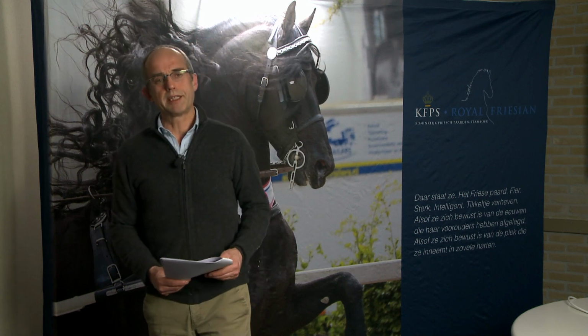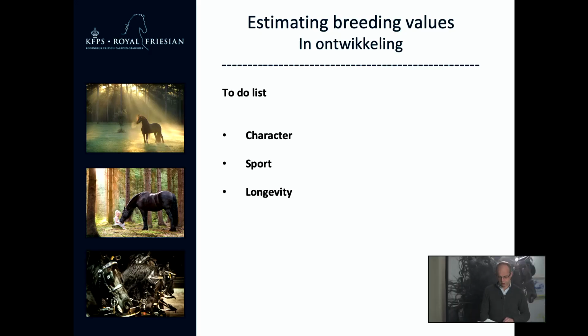So, like I said earlier, if we look at our total merit index, the only breeding goal traits that are included are conformation and movement, and sport aptitude. But we would like to include some other traits that are also listed in our breeding goal.